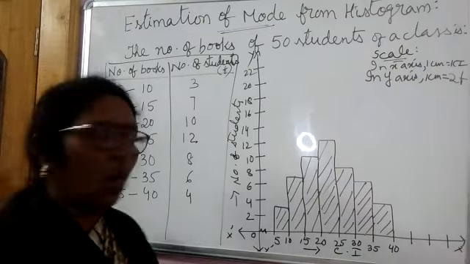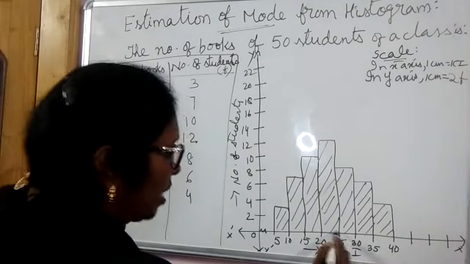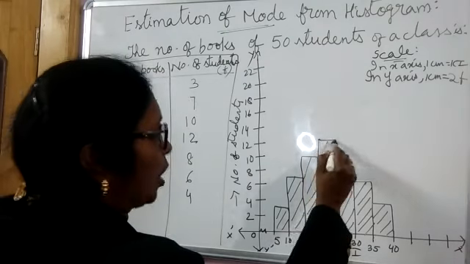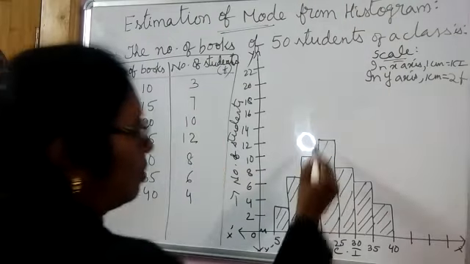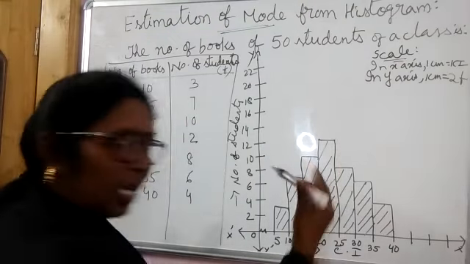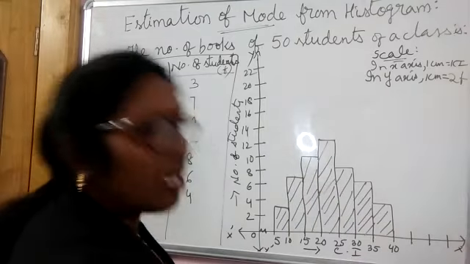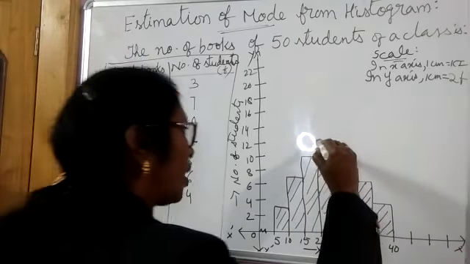How to find the mode from the histogram? In this 20 to 25 class interval, from the left top corner of the bar to the left top corner of the next class interval bar, draw a diagonal.